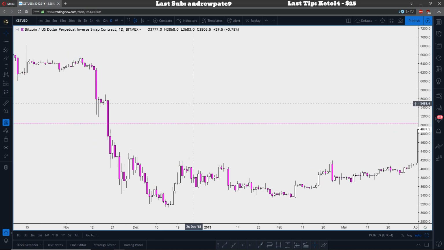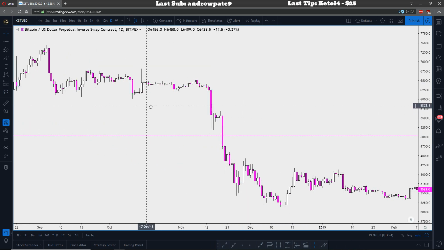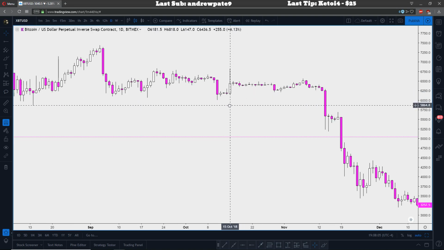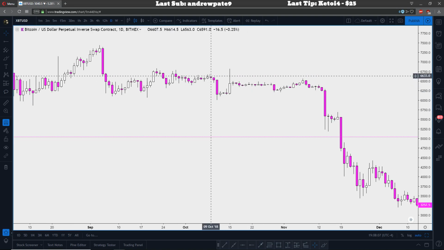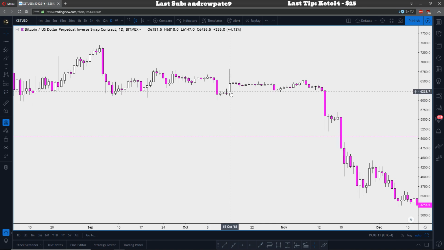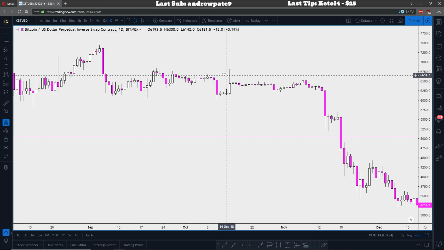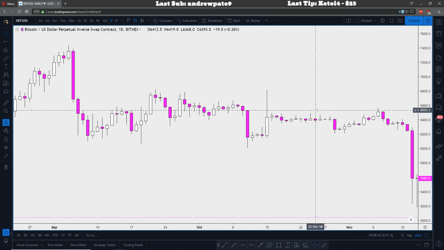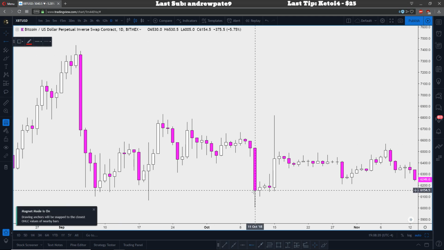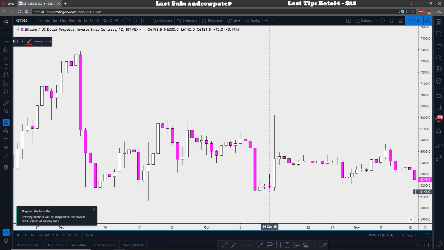Now we're going to look at support. Same thing, just on the other side of it. You can take the impulse move down, you see dojis here, and now we have an impulse move up. So let me take magnet mode here. We see an impulse move up, we see some dojis.